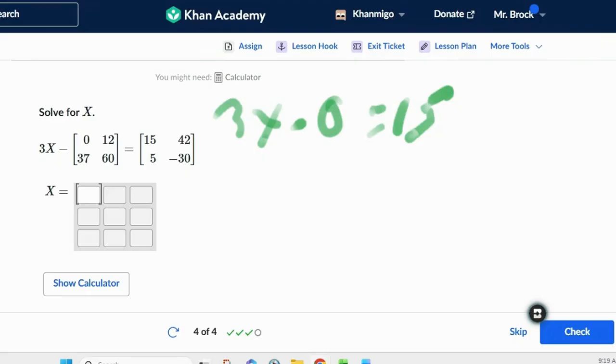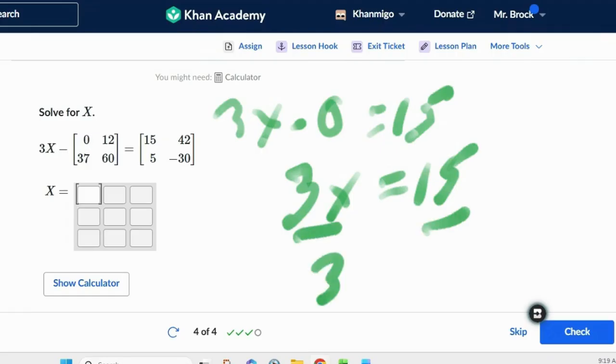Well, this is just the same as 3x because 3x minus 0 is just 3x. So we just have to divide by 3. So the first entry there is 5. 3 times 5 minus 0 would be 15.